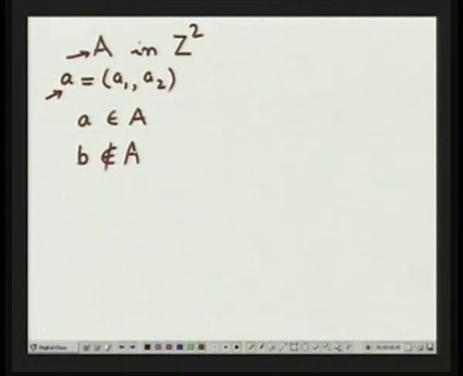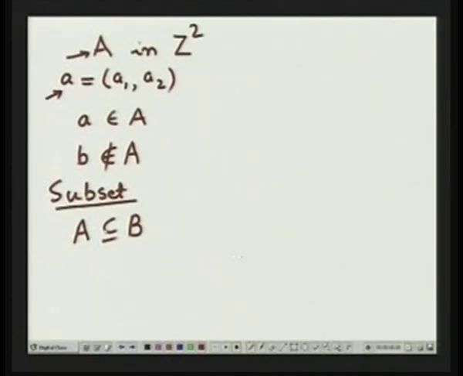Then we can also define a subset operation. We say that a set A is a subset of set B, where both the point sets capital A and capital B are in the two dimensional space Z square, if every element in set A also belongs to the set capital B. However, the reverse may not be true.